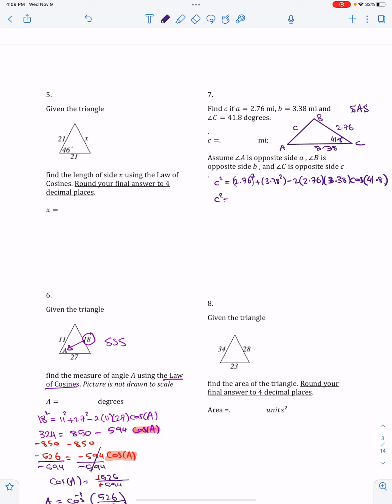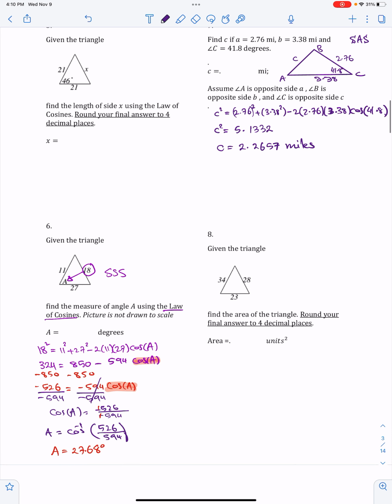So C squared is equal to 5 point, I'm going to round to 4 decimals, so 1332. And then I'm going to take the square root, so C is equal to the square root of the answer, which is equal to 2.2657 miles, rounded to 4 decimals.